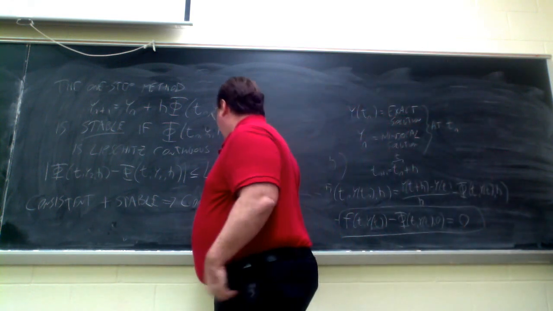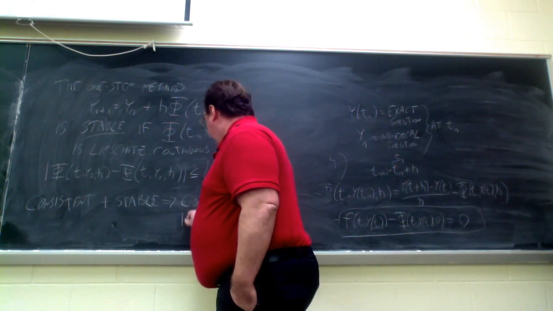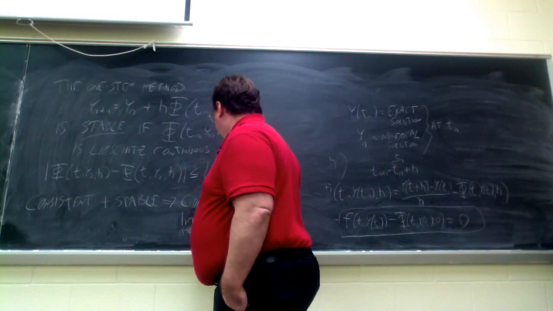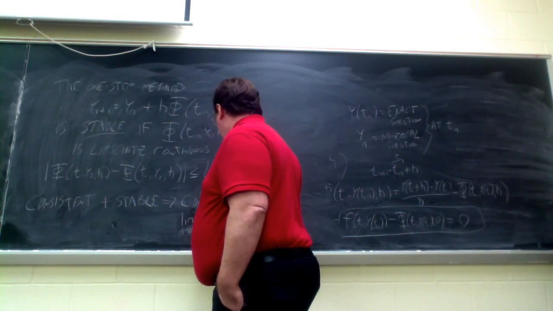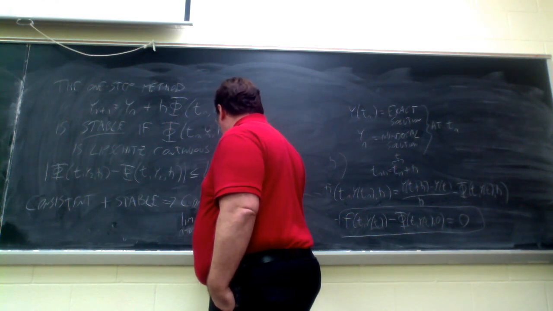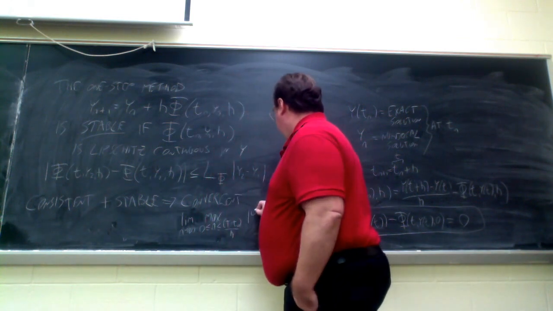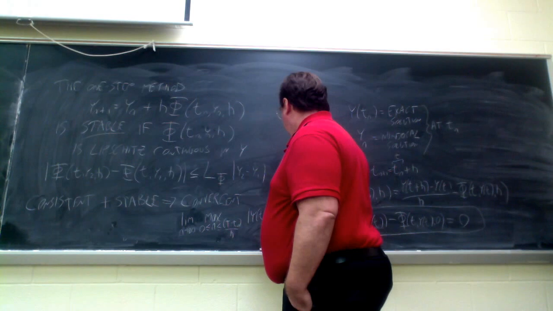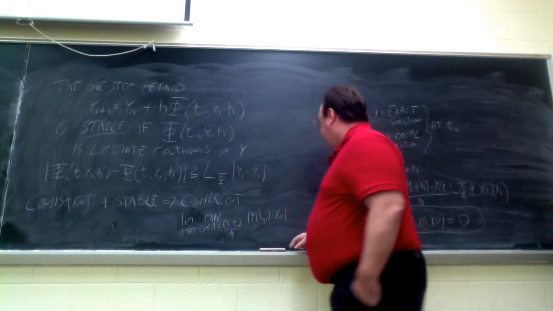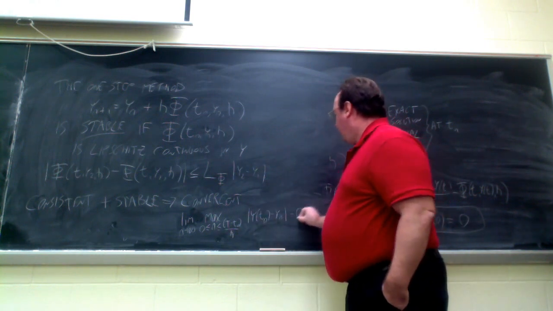I gave a definition last time, so I'll repeat it here. The limit as n goes to infinity of the maximum over all time steps of the difference between your exact solution at a certain time and your numerical solution at the same time must be 0.